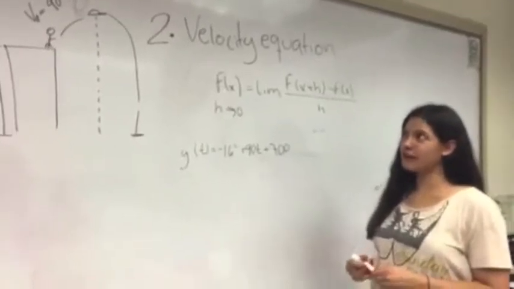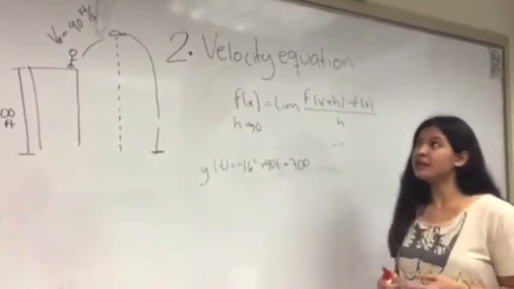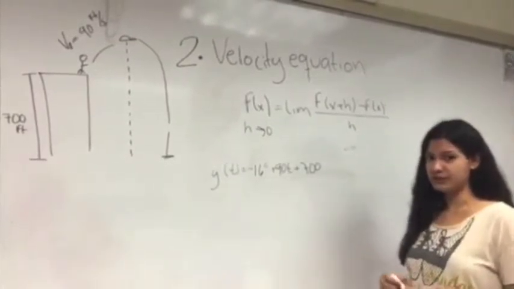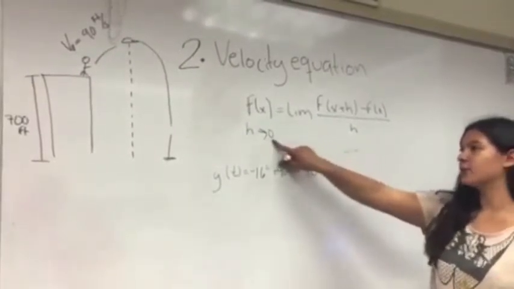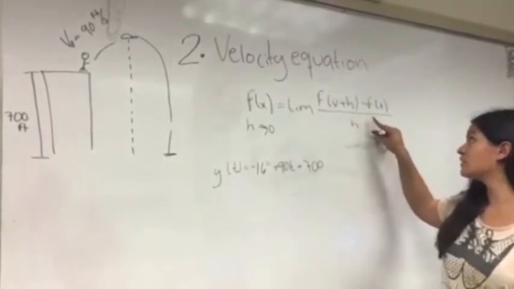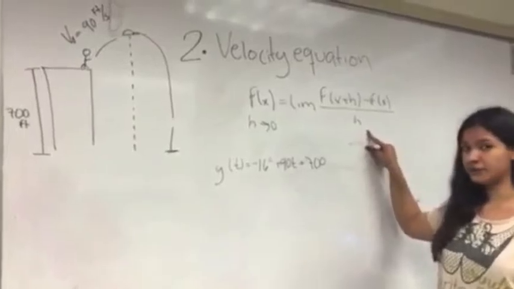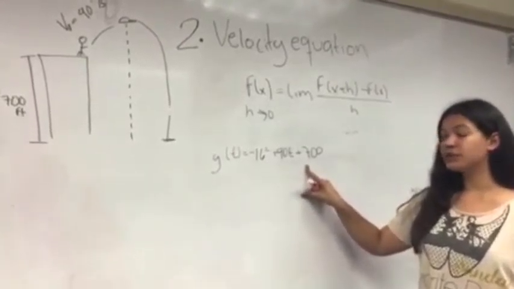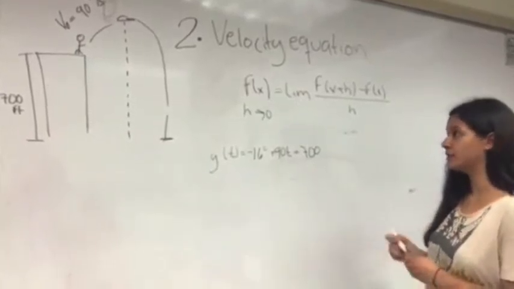Okay, so the second thing that we have to get is the velocity equation, depending on the derivative definition of limits, which is f'(x) equals the limit as h approaches 0 of f(x plus h) minus f(x) over h. To do that, we use the position equation that we already obtained and substitute.